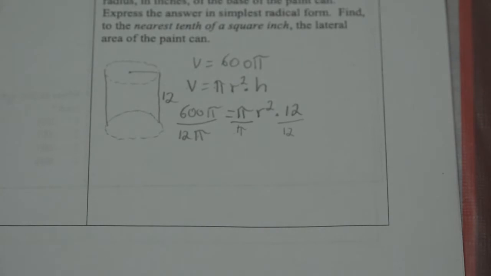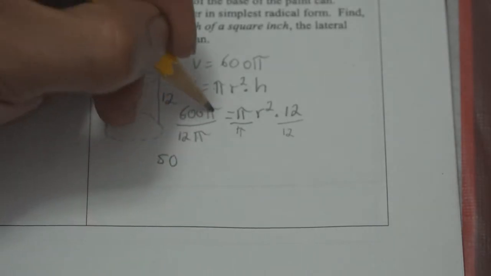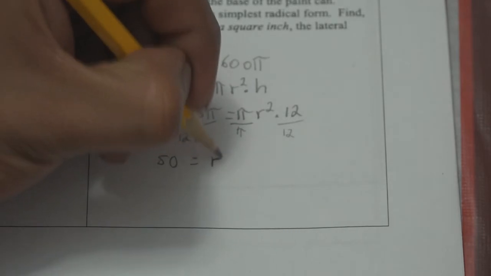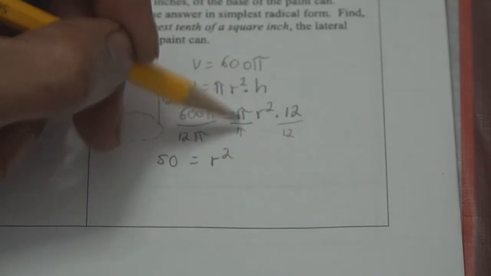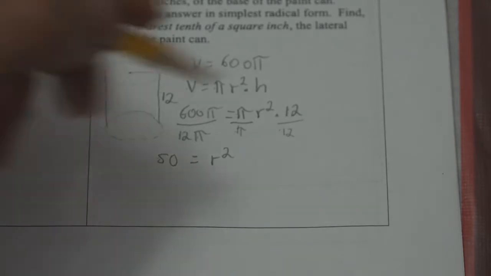I have 600 divided by 12. That is 50. So 600 divided by 12 is 50. The pi's cancel out, and that equals r squared. Because the pi canceled, the 12 canceled.